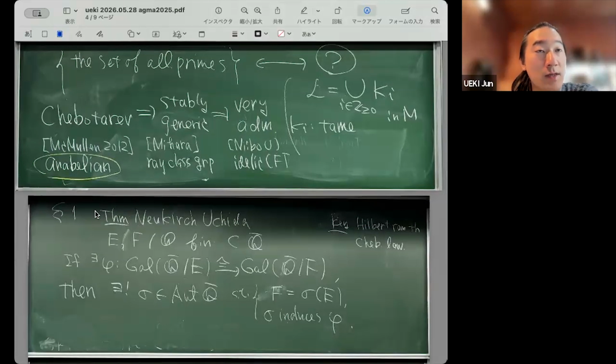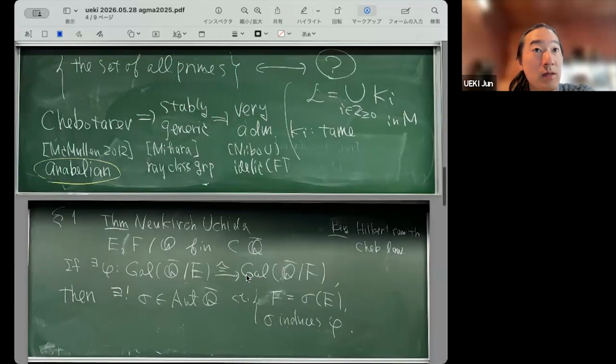One of the most fundamental results in Anabelian geometry is the so-called Neukirch-Uchida theorem. Let E and F be finite extensions of the rationals contained in a fixed algebraic closure of the rationals. If there is an abstract isomorphism phi between their absolute Galois groups, then there uniquely exists an element sigma in Aut(Q bar) such that F equals sigma E, and this sigma induces the given isomorphism phi.